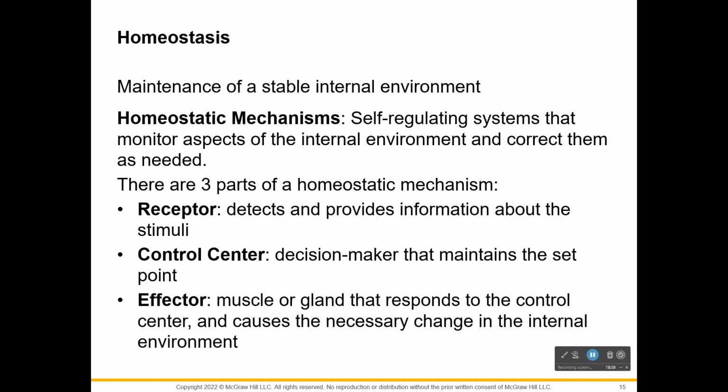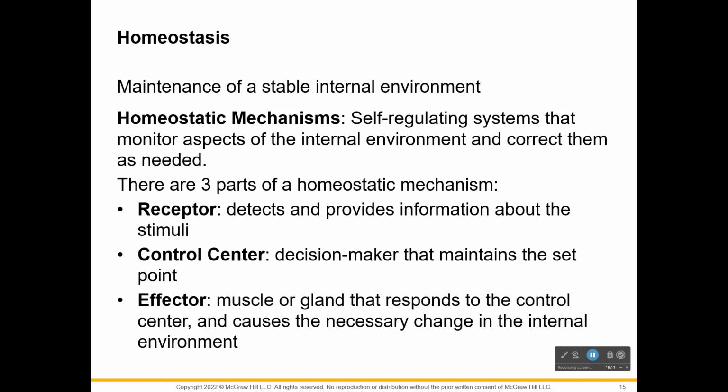So star this slide because there is a lot on homeostasis. Remember that homeostasis is how we stay the same inside. It's a stable internal environment. And there's three parts of this self-regulating mechanism that's constantly looking inside and seeing if something's out of those parameters and checking it and correcting it. The receptor is what detects that information. So maybe it's too high blood sugar. So you're going to have receptors that say, oh my gosh, the blood sugar is way too high.